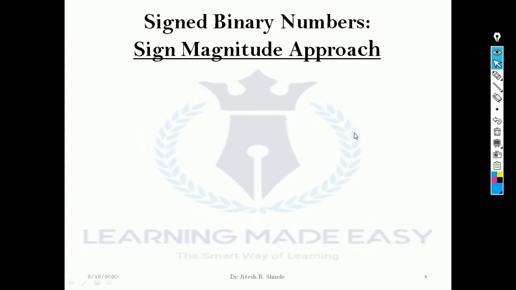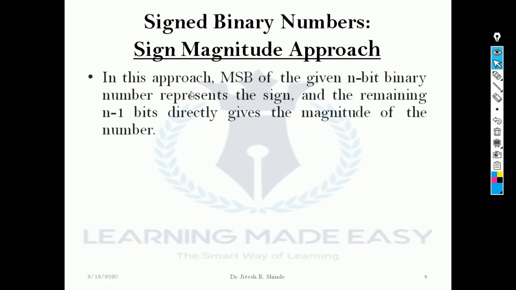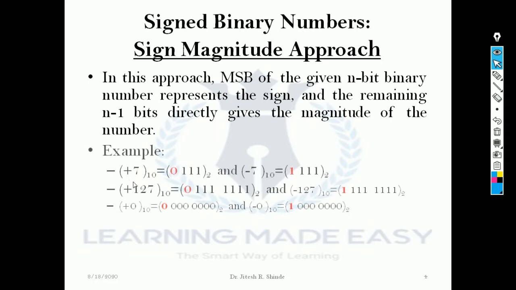Let's first revise the signed magnitude approach in short. In this approach, the MSB of the given n-bit binary number represents the sign and the remaining n-1 bits directly give the magnitude of the number. For example, plus 7.